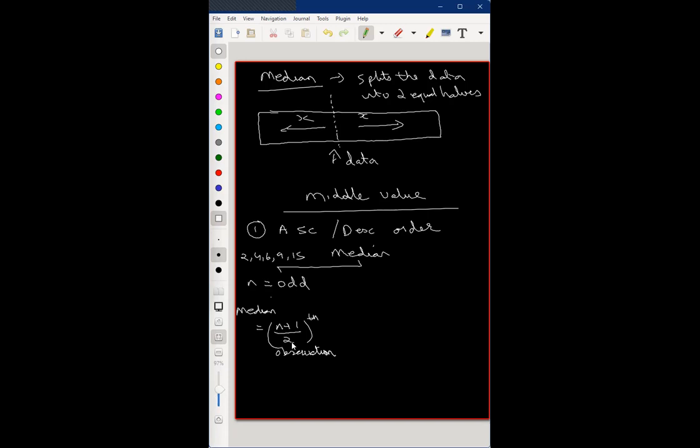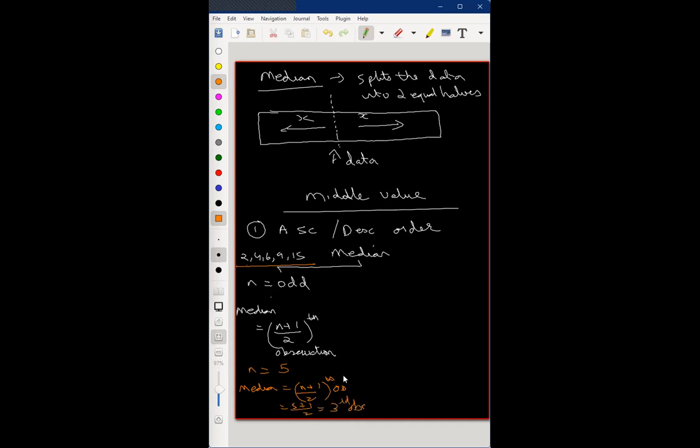So this is the formula for median. Now in this case, what is N? 5. So what is median equal to? The (N plus 1) upon 2 th observation, which is nothing but (5 plus 1) upon 2, which is the third observation.